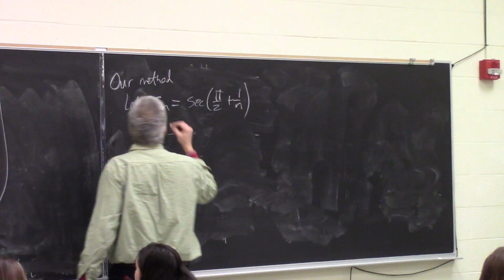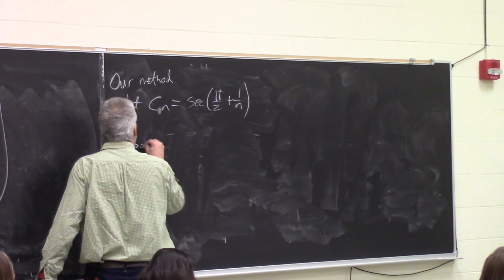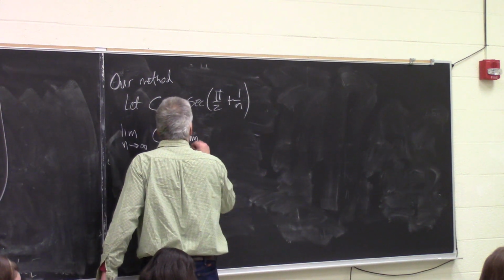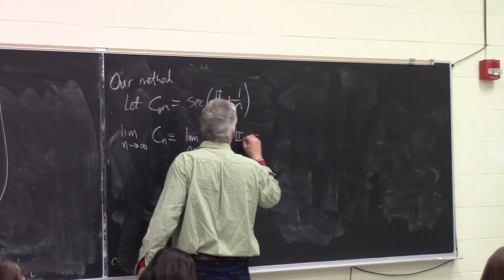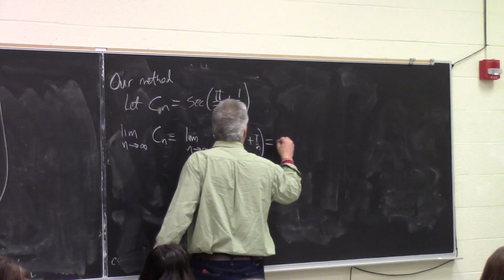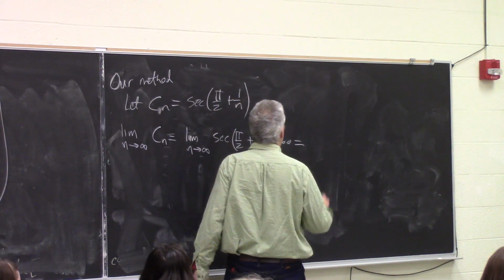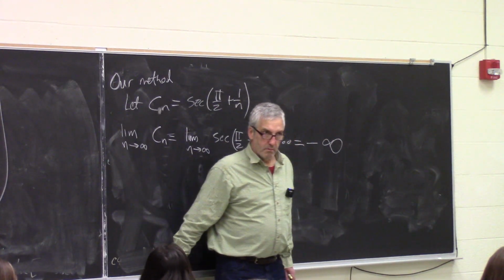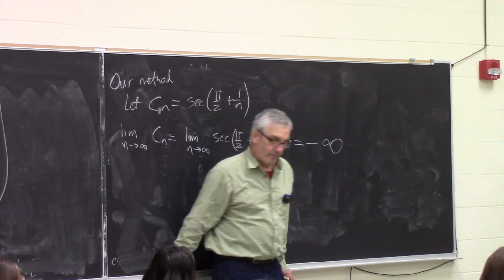So let's do the limit as n goes to infinity of Cn. So that's the limit as n goes to infinity of secant pi over 2 plus 1 over n. Now, dot, dot, dot, we get minus infinity. What the hell? So why would we get minus infinity?